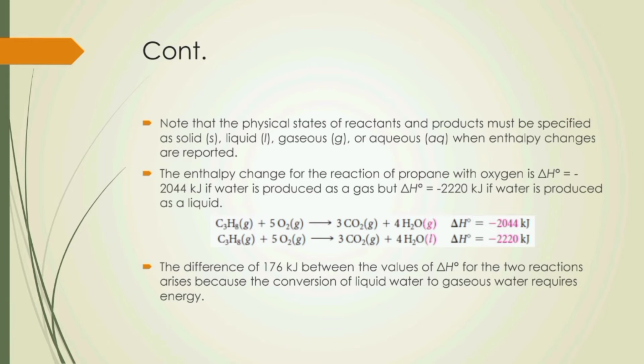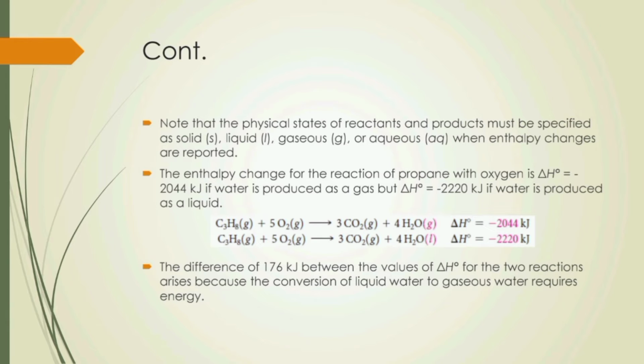There is a difference because the energy is released in the form of steam. If liquid water is produced, delta H is larger. Larger delta H means more negative, but if gaseous water is produced, delta H is smaller, less negative, because 44 kilojoule per mole is needed for the vaporization.